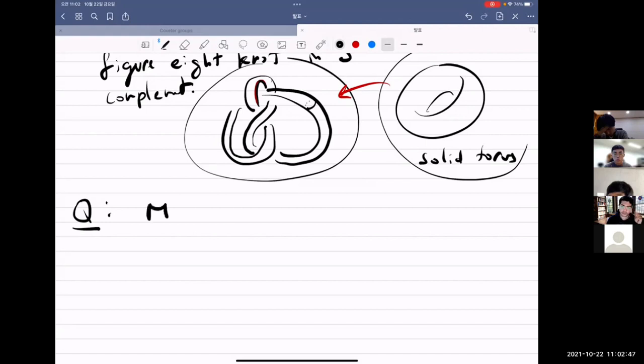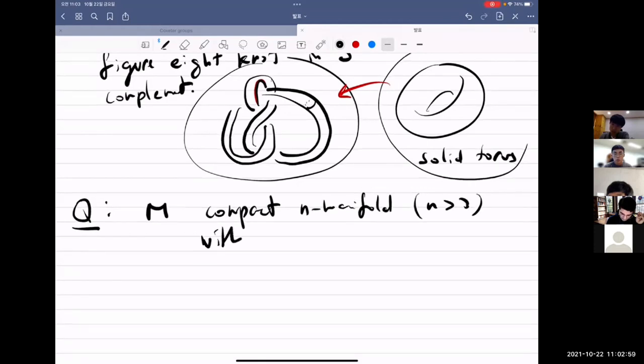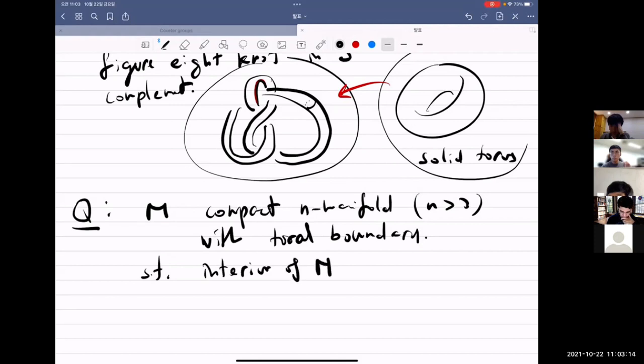The question is, with the same setting: M is a compact n-manifold, n bigger than or equal to 3, with toral boundary, such that the interior of M admits a finite volume hyperbolic structure.